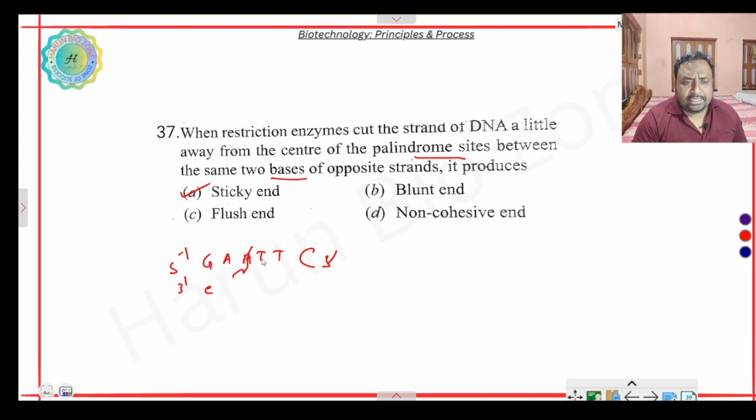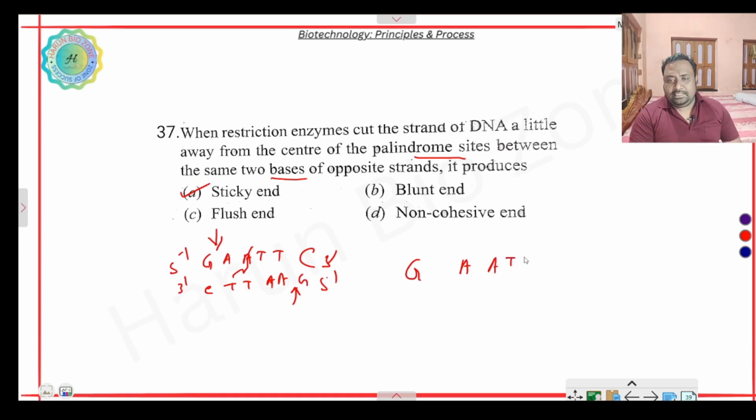This is a palindromic sequence. If the cut occurs between G and A, what happens? GAATTC and CTTAAG.